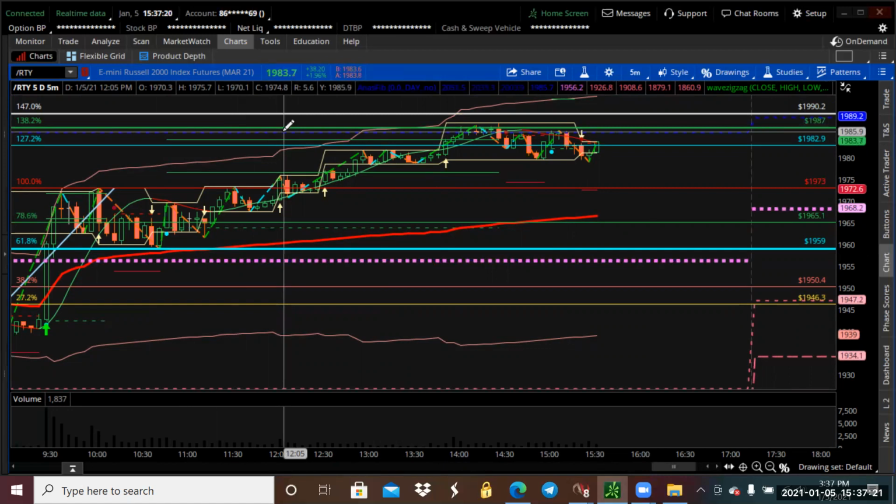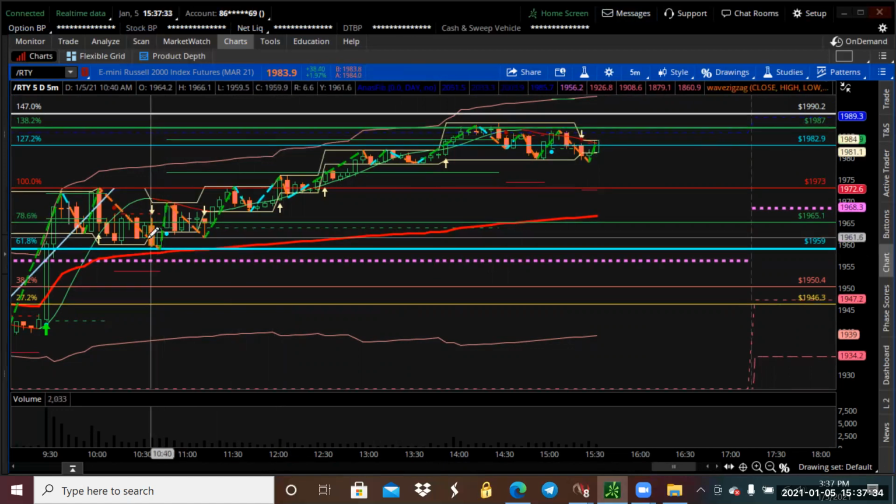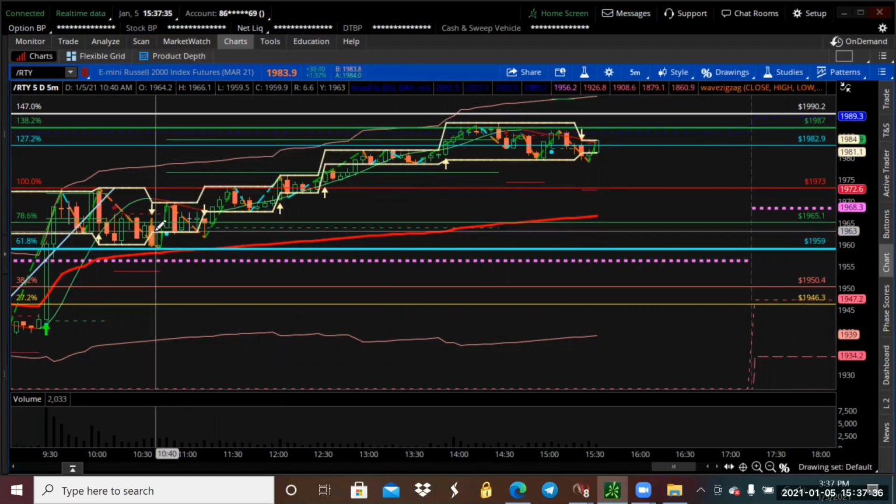That's what I'm targeting on the R1, because that is a good exit as far as I'm concerned. Entering around the 1962 is a good trade as far as the RTY for today.